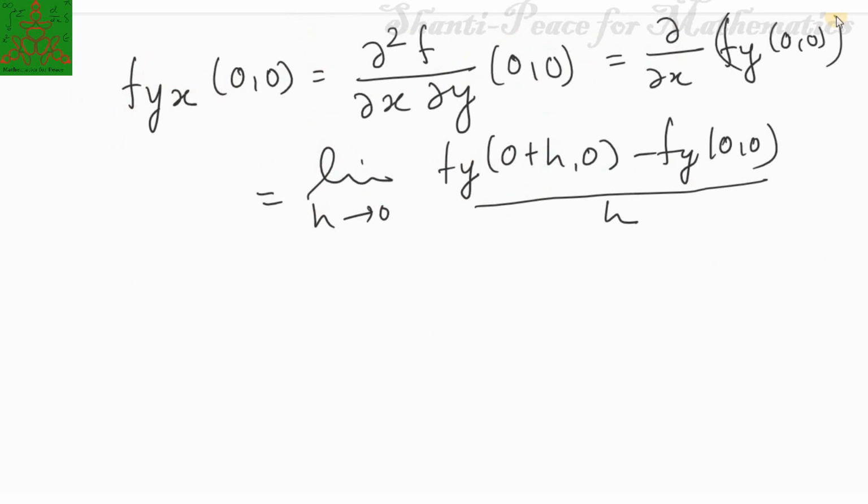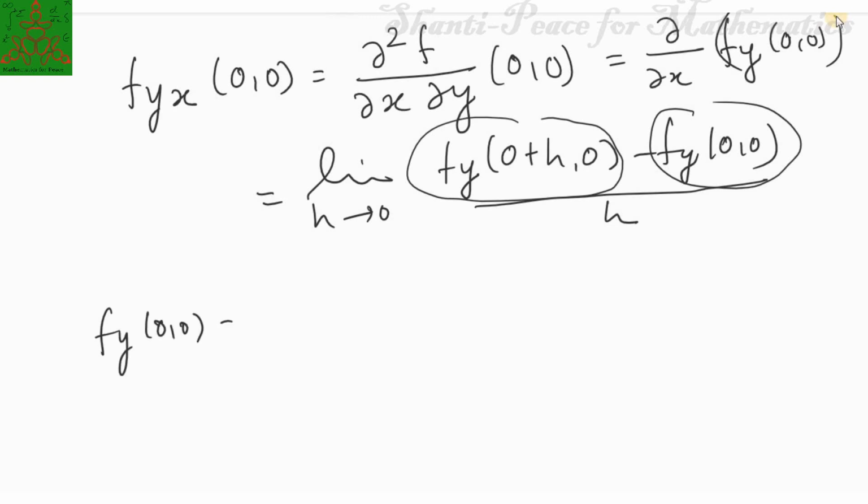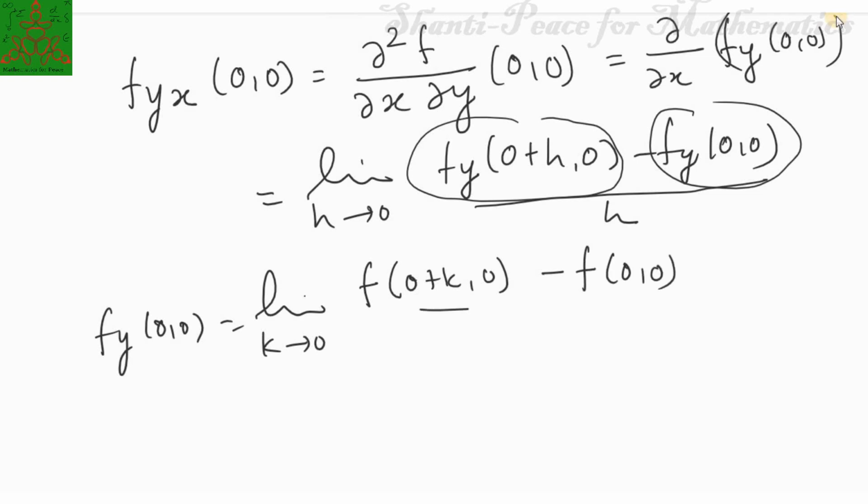Now what we need to calculate is f_y at (0, 0) and f_y at (h, 0). So we can calculate f_y at (0, 0) first, which is limit k tends to 0, f at (0, k) minus f at (0, 0) upon k.